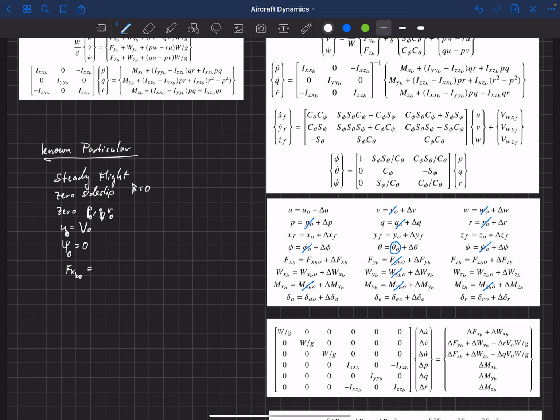In this trim state, it has to be equal to minus wx b naught, the weight vector in the x direction, and that's the same with z. So fz b naught is equal to minus wz b naught. So the pseudo-aerodynamic force that includes thrust has to offset the weight in the x and z directions.